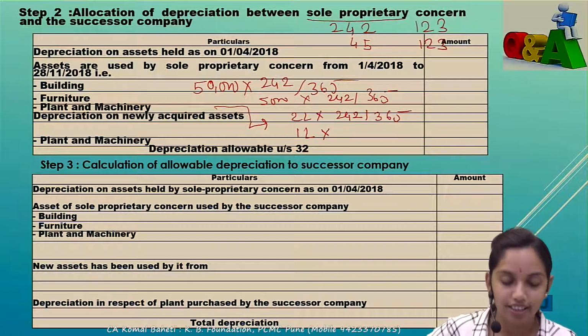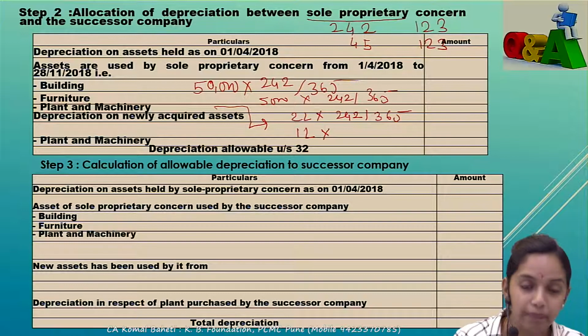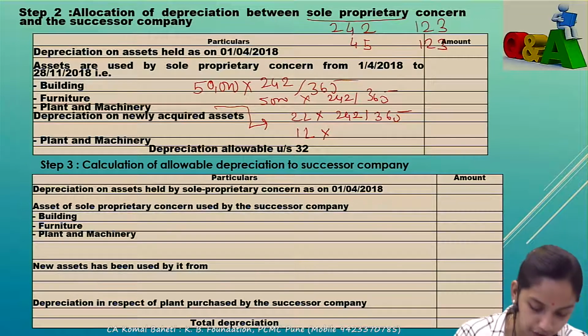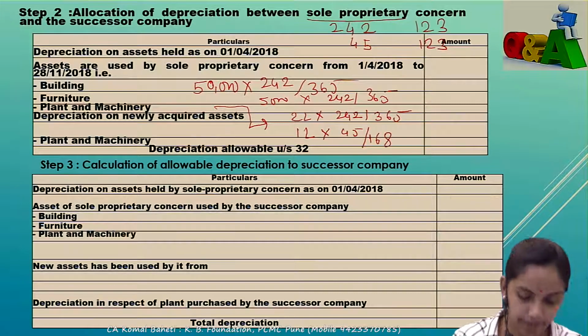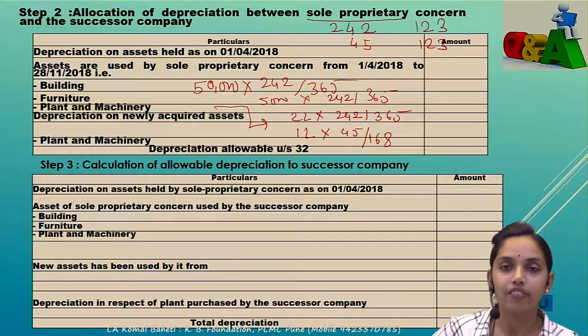Have you clear? So what will be the ratio? 45 plus 123. So the 1 lakh has to be apportioned between them: 45 divided by 168. Have you clear with it?